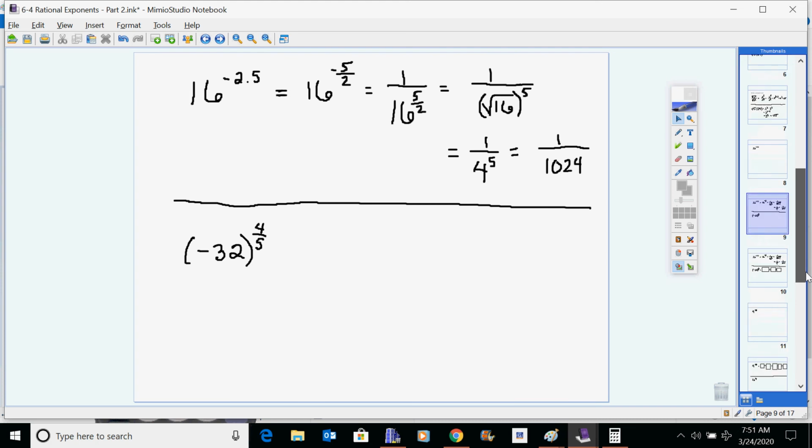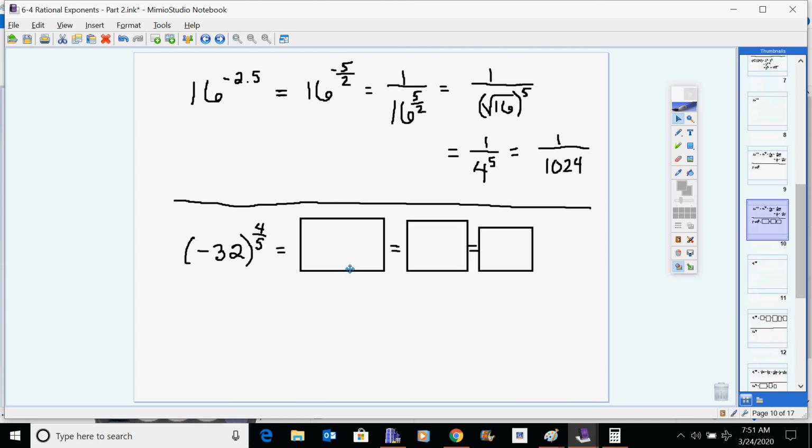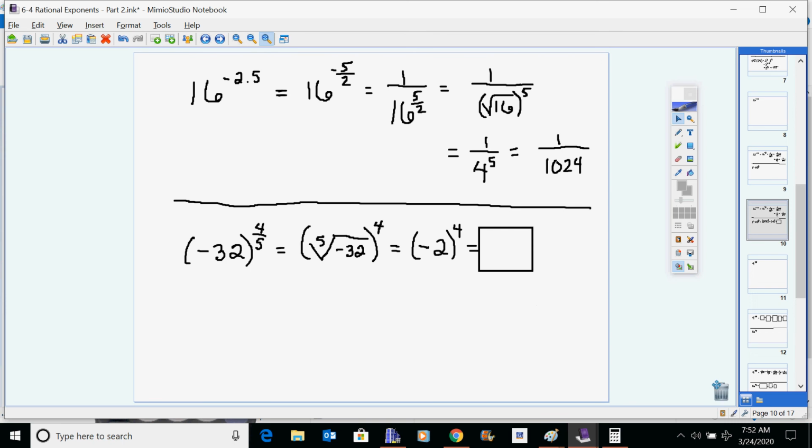This one down here, we're going to take the fifth root of negative 32 and take it to the fourth power. We're reversing the process here so that we can simplify this. Fifth root of negative 32, what number times itself, times itself, times itself, times itself? So we're thinking negative 2.